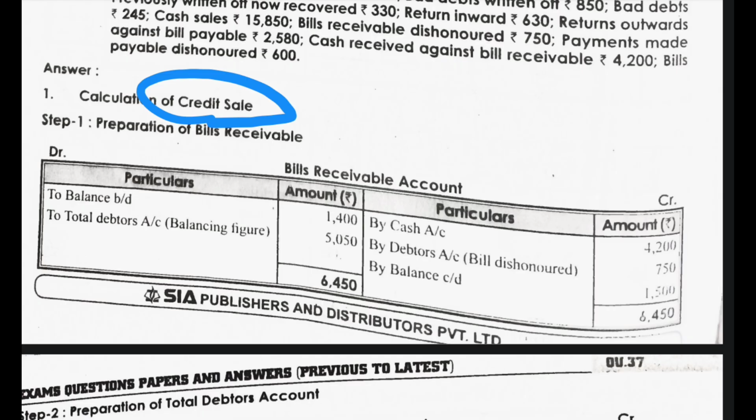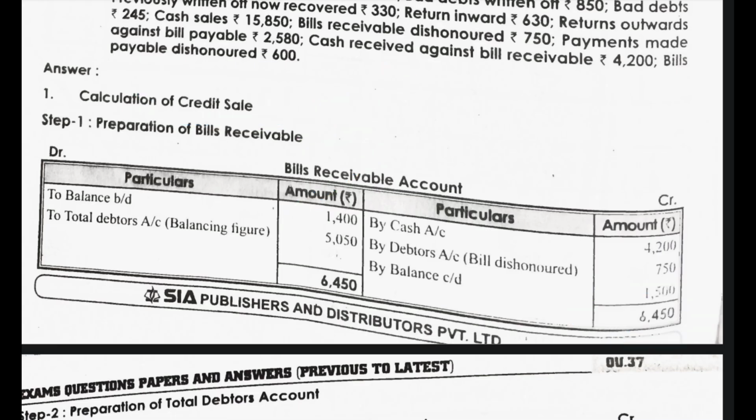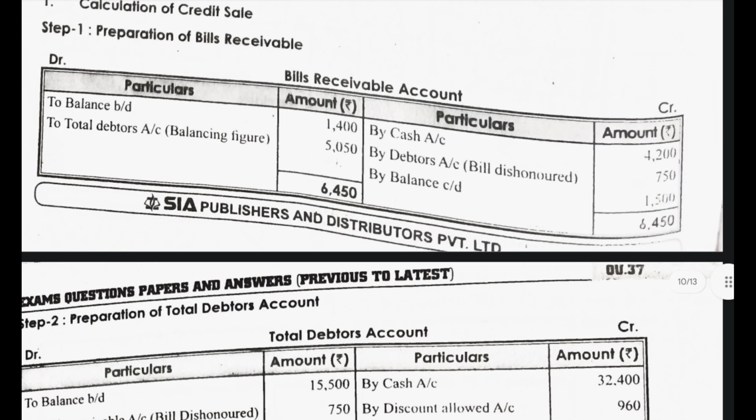So opening bills receivable and closing bills receivable are given to us. Debit side opening, credit side closing; you take 1500 and 1400 from the question. Two items are clear? To balance brought down, by balance carried down.